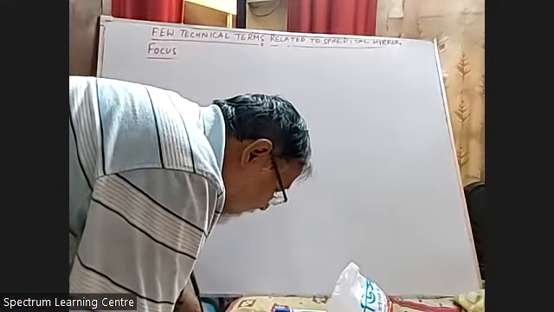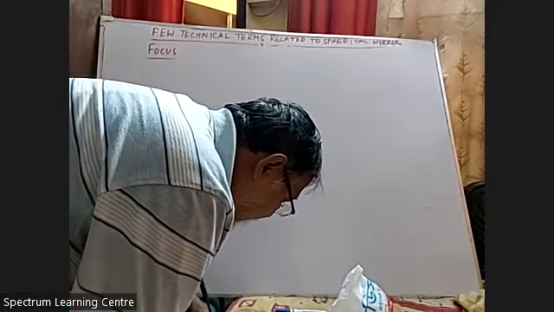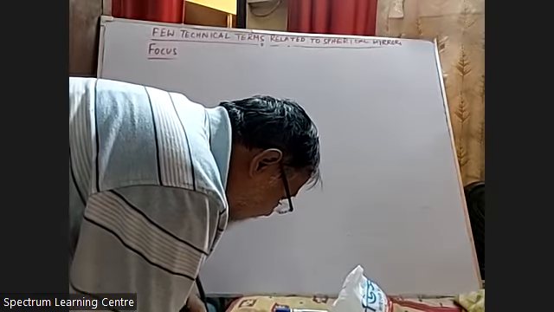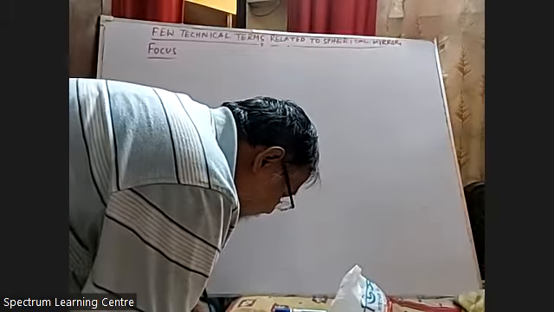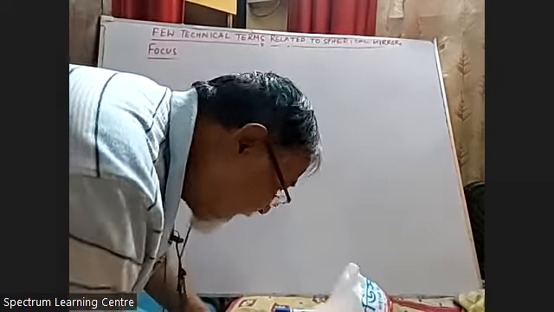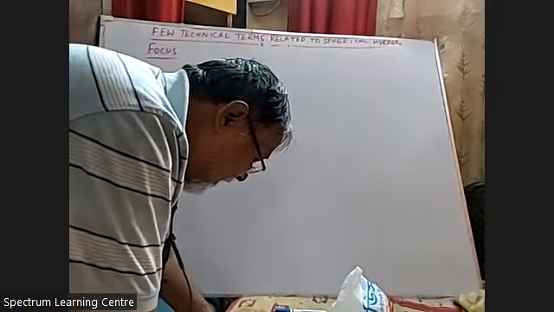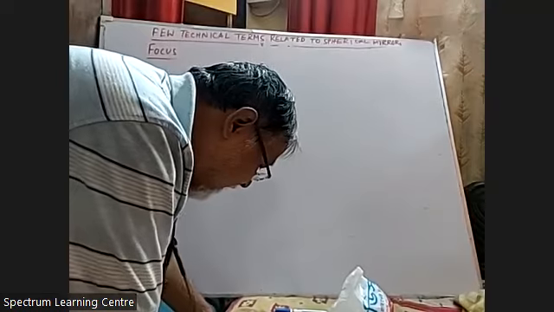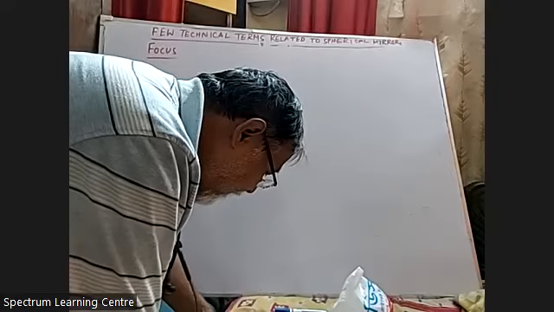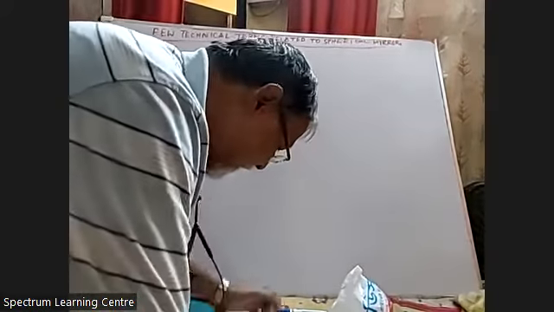The focus of a concave mirror is a point on the principal axis at which light rays incident parallel to the principal axis meet at a point after reflection from the mirror.